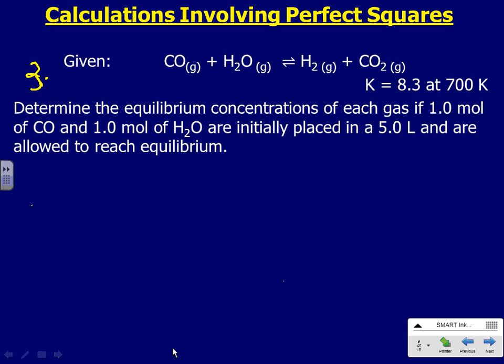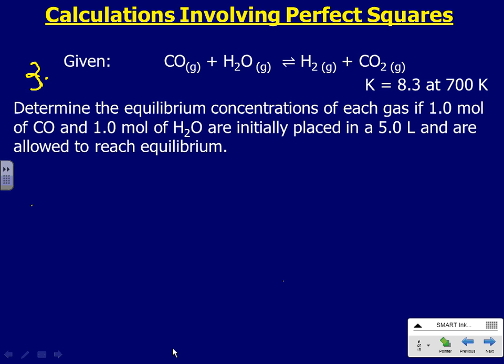Okay, so we look at the problems. It's looking very similar to all the stuff we've done. We've got an equation. We're given the K, and we're given concentrations initially. So in this case, we're given I's and we're given K's. We've done all these, calculating the K, beautiful, calculating just 1, excellent.